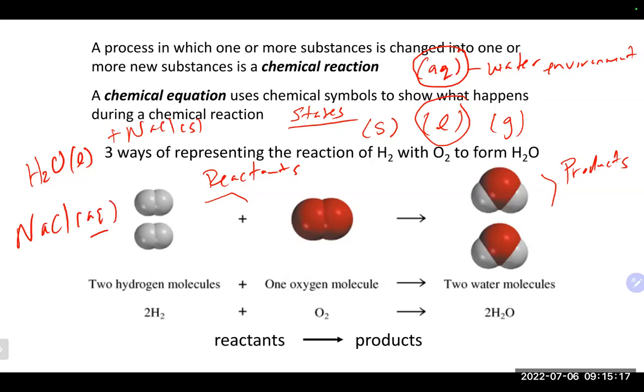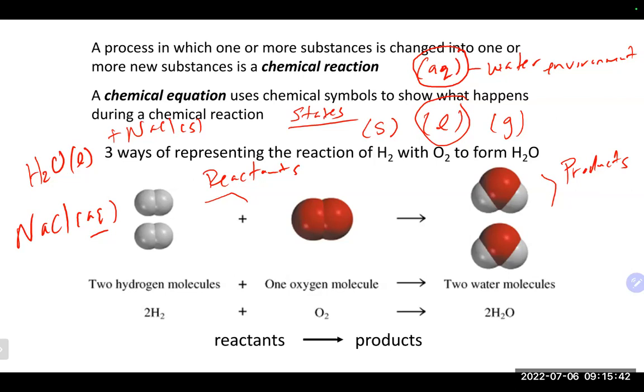So aqueous really represents a solution, which usually means you took a solvent like water, put something in it, mixed it together, and it all mixed together in a homogeneous fashion, and everything looked really good. So there is a difference, even though they're both technically in the liquid state. If something has an L next to it, it is a pure substance in that sense.